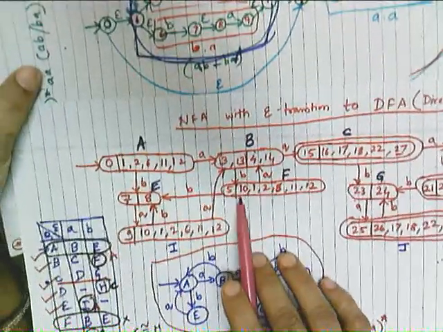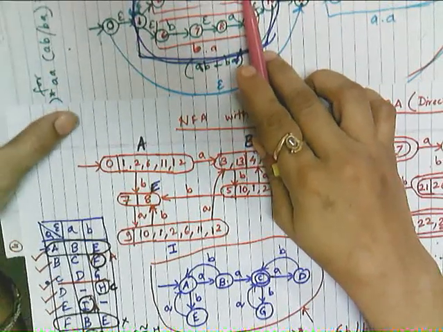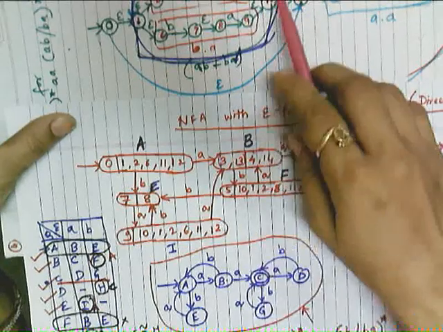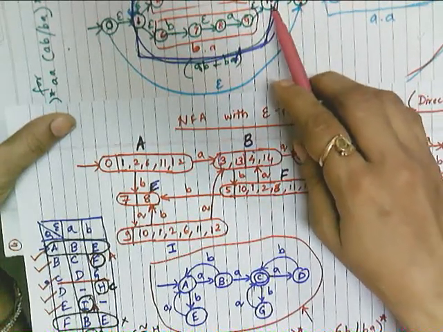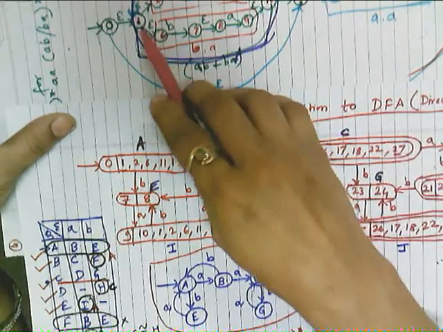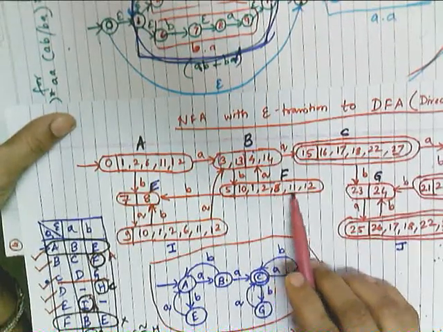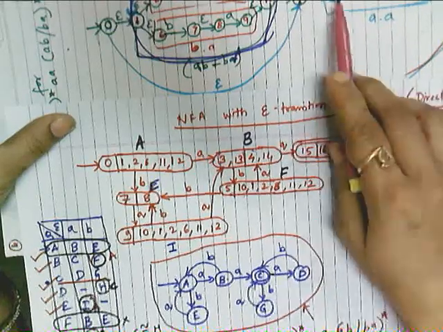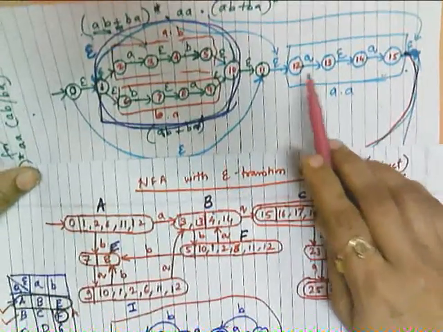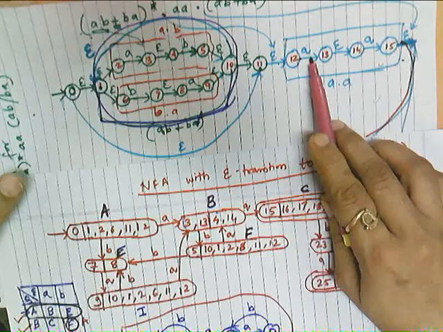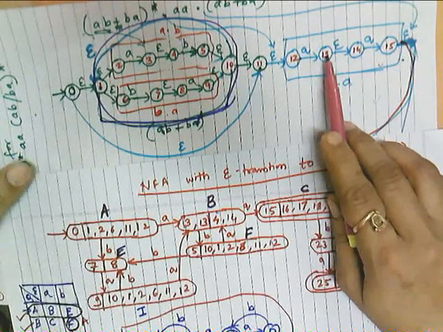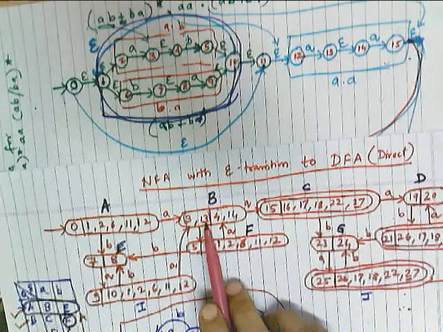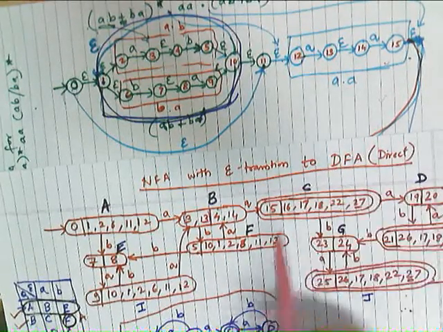So if we consider 5 state, this 5 with A moves anywhere, no. Then 10 on A moves nowhere, 1 on A moves nowhere, 6 on A moves nowhere, 11 on A moves nowhere, but this 12 on A moves to 13.